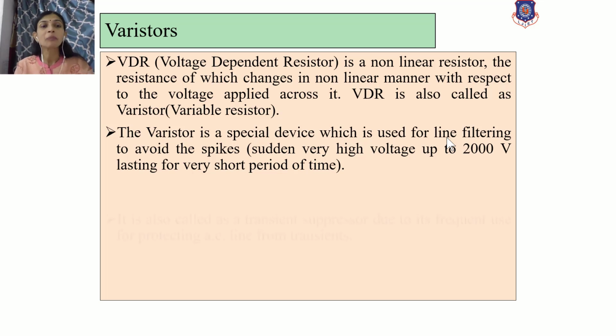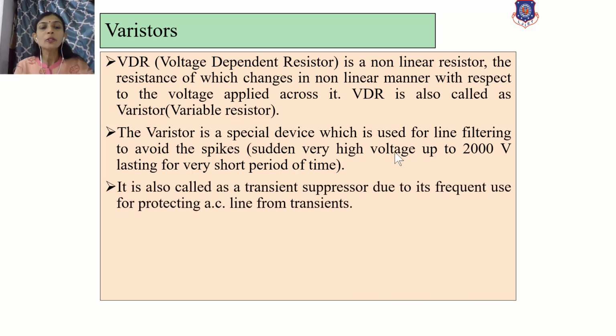It is also called a transient suppressor because it suppresses transients and spikes and filters out unnecessary spikes.